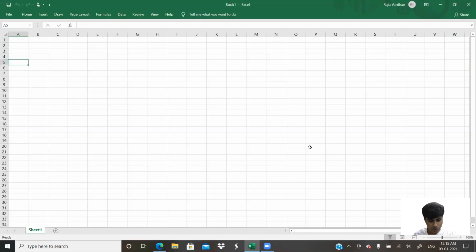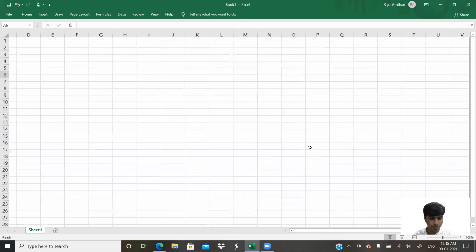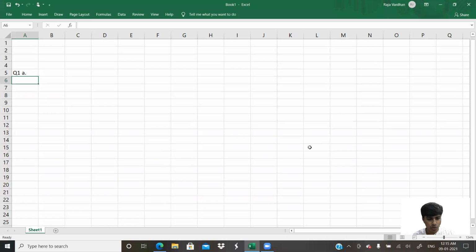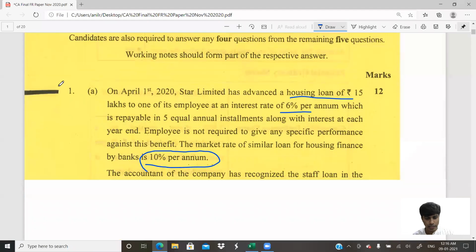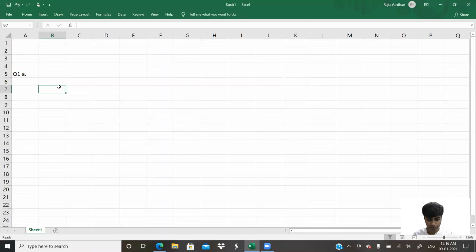Yes, question number 1A. We're seeing the solution to question number 1A. We're doing it in the books of Star Limited.